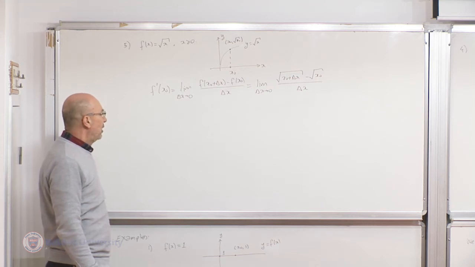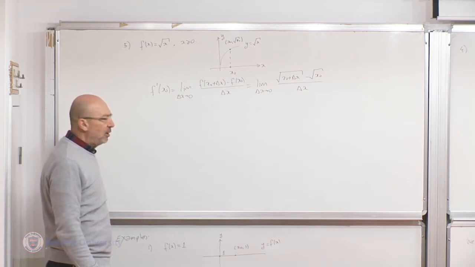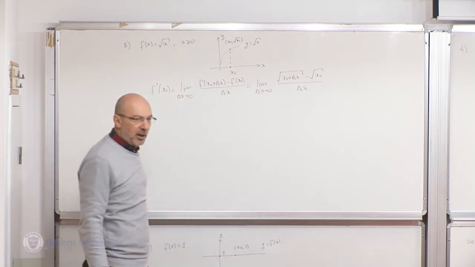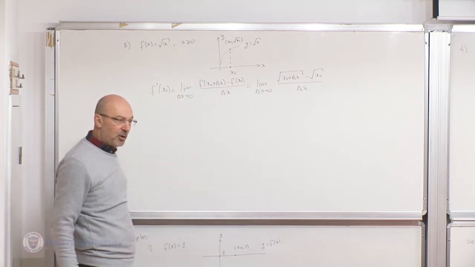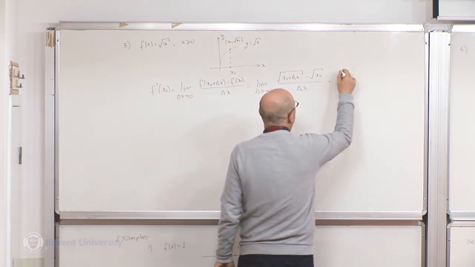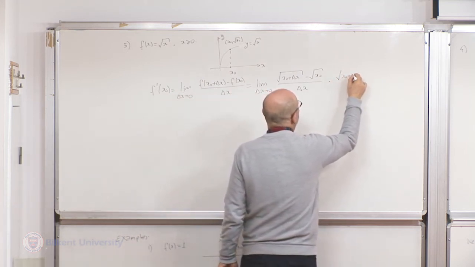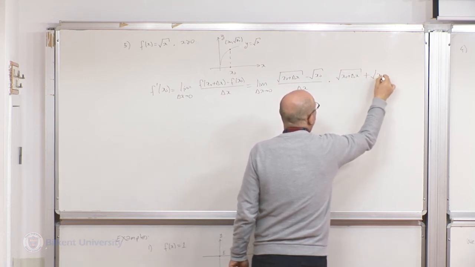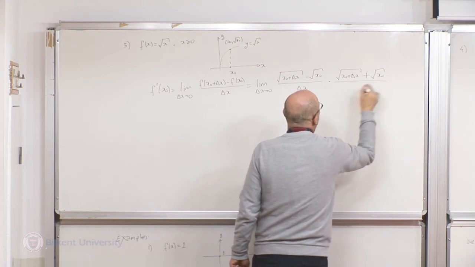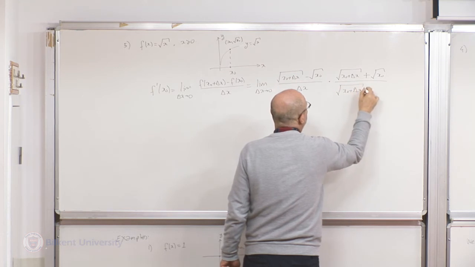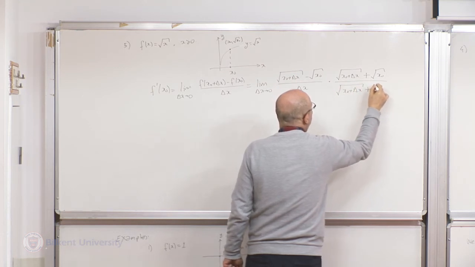When we had something like this, we multiplied the numerator and denominator by the conjugate of this expression, which we don't totally understand as far as algebraic manipulations are concerned. So we decide to multiply by square root of x sub 0 plus delta x plus square root of x sub 0, divided by square root of x sub 0 plus delta x plus square root of x sub 0.